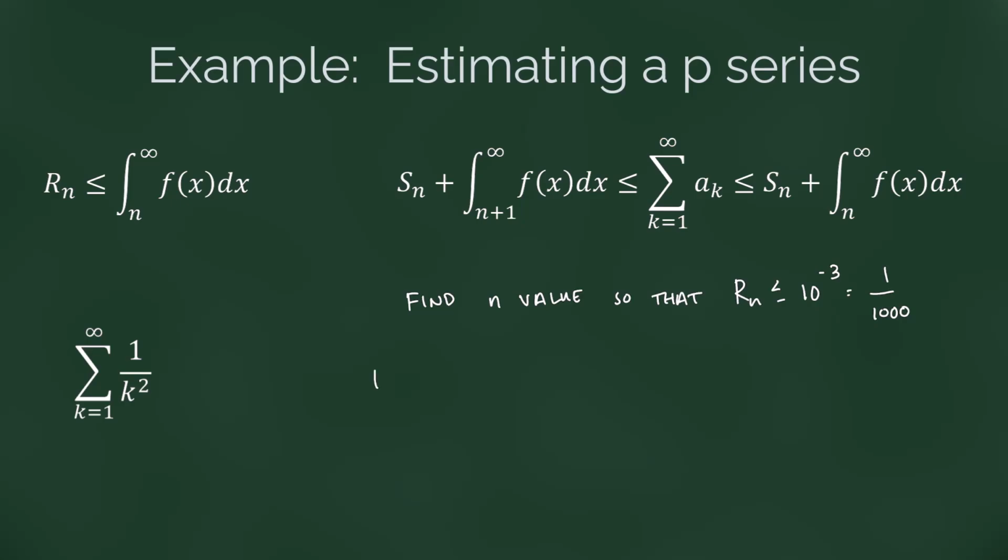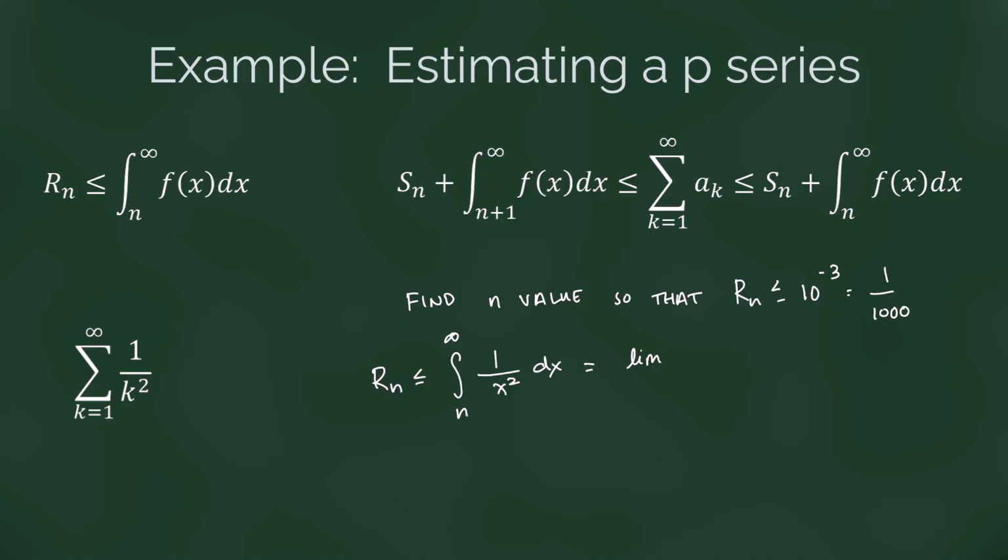So we know that r sub n has to be less than or equal to the integral from n to infinity of our corresponding function, so that's going to be 1 over x squared dx. We'll evaluate that integral.